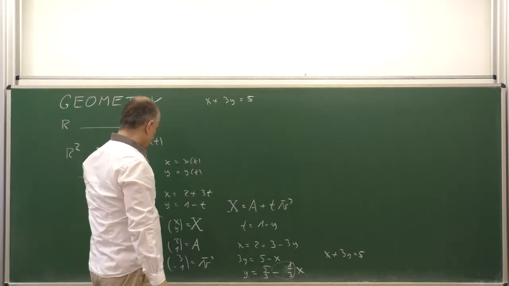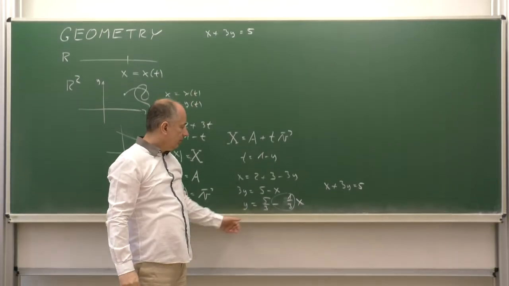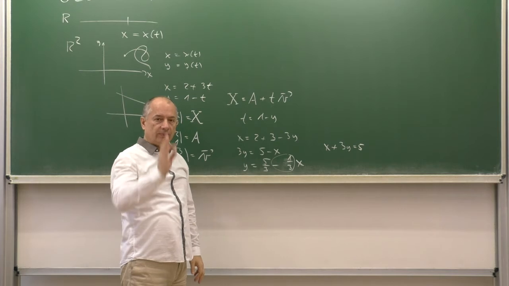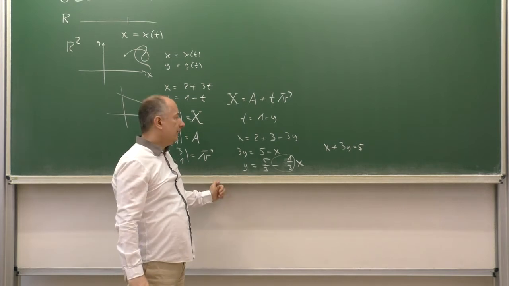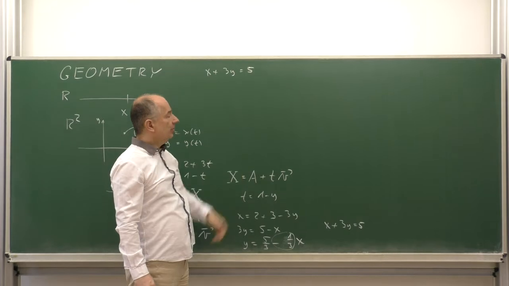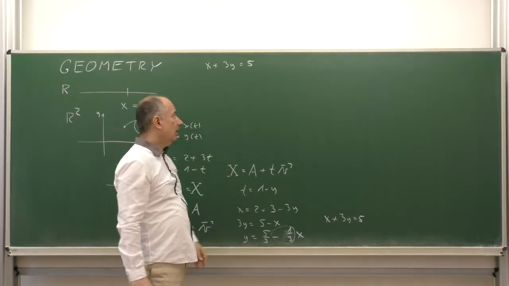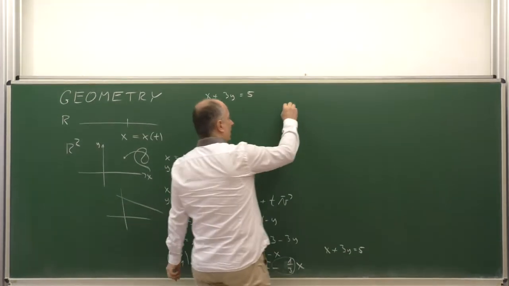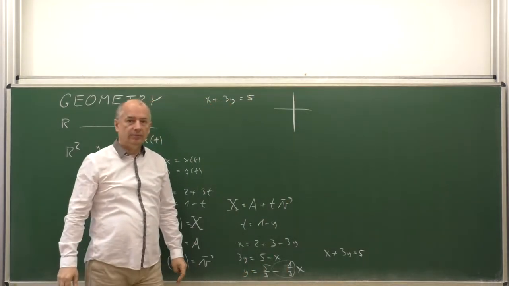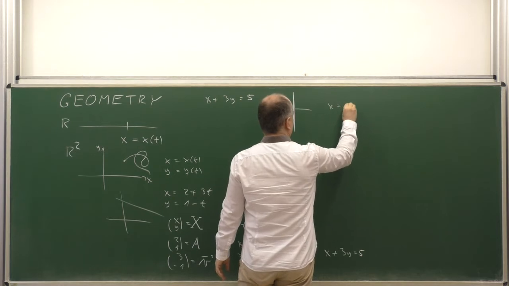It's more general than the slope equation because the slope equation does not describe a line that is vertical, that is parallel to the y-axis. While if we have some coefficients and some number here, this way is good even for describing a vertical line. Namely, the y-axis alone could be described by x is equal to 0.